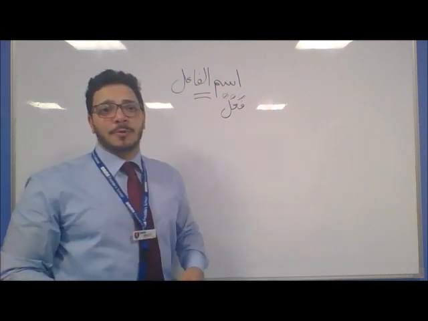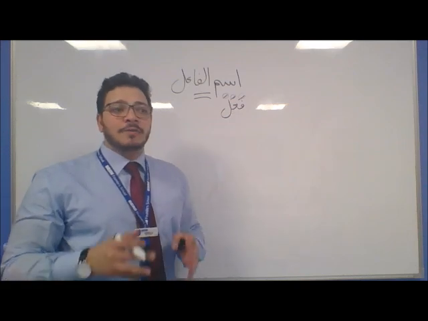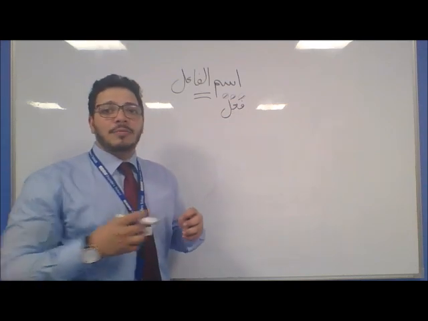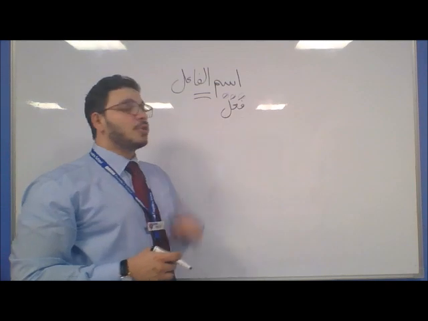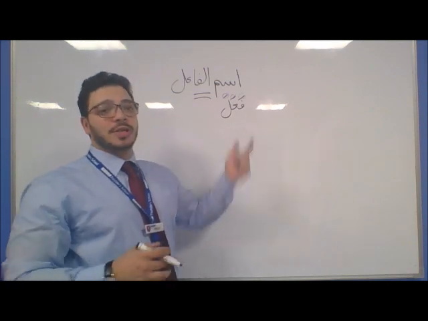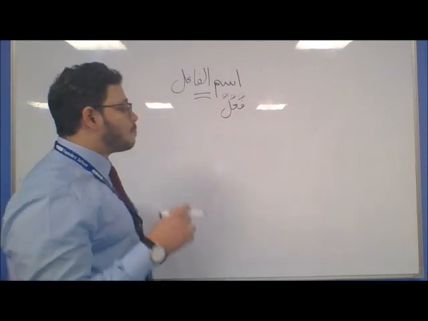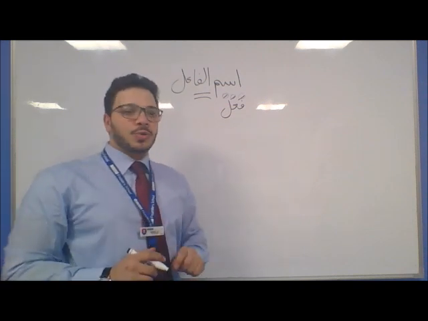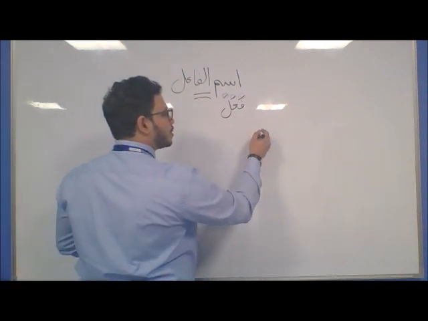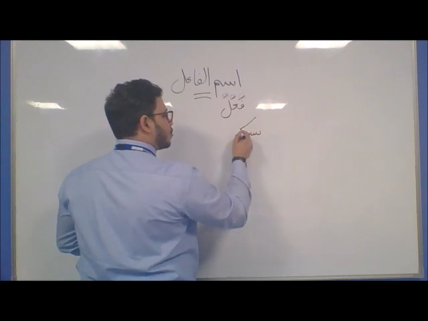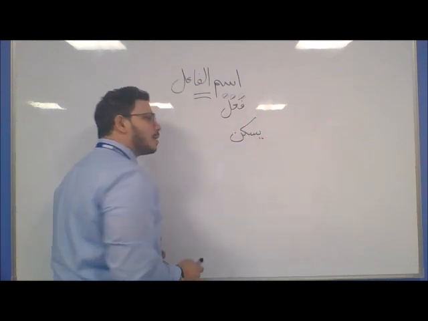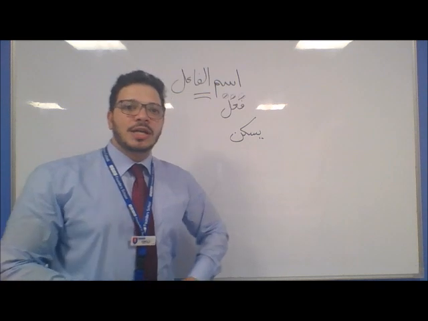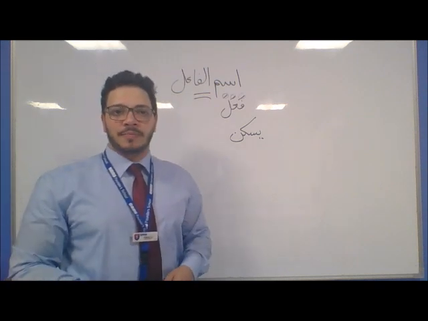Let's take an example and see how we can take the active participle from the same root, or from roots in general. For example, if we hear this verb يسكن. What does يسكن mean? It means to live.